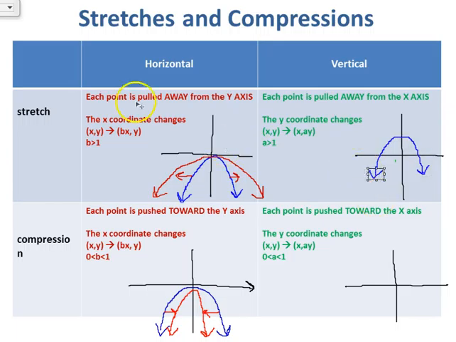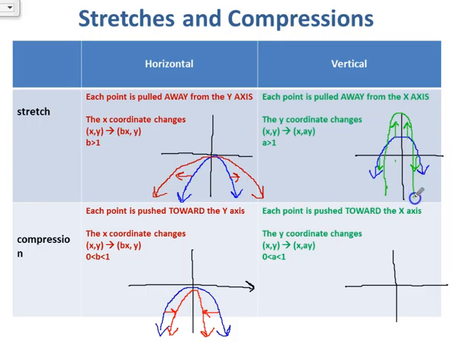So we're going to pull each point away from the x-axis. Here, these would get pulled down. So when we have a vertical stretch, our graph is going to look more like this.